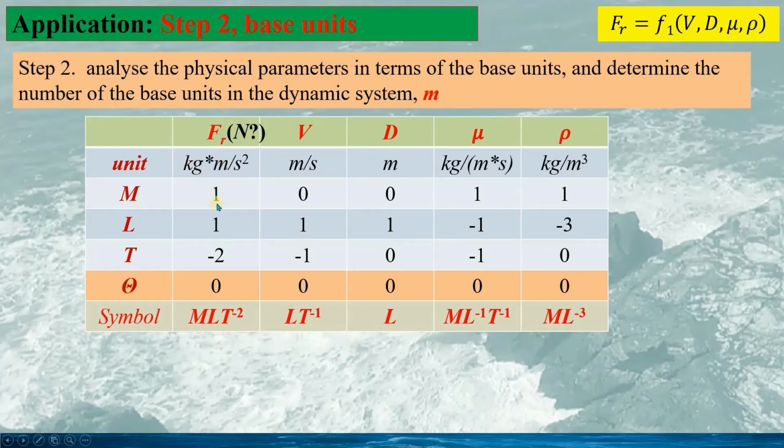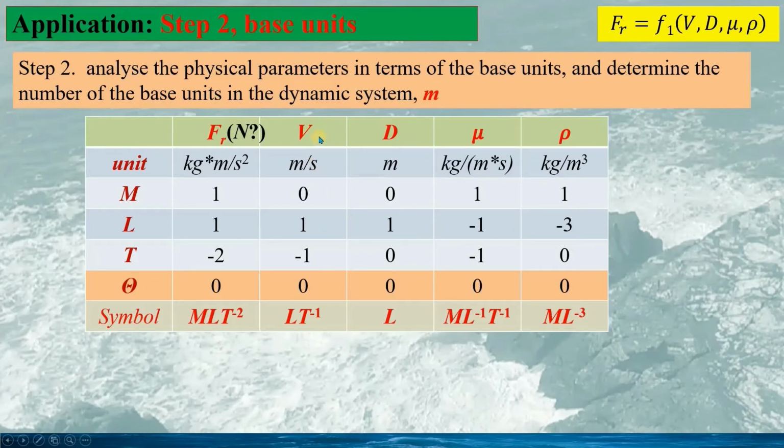So from this unit, we can see M should be 1 because kg here, and L 1 because meter here, and capital T minus 2 because this is per second squared, and theta 0 here. There's no unit for temperature.